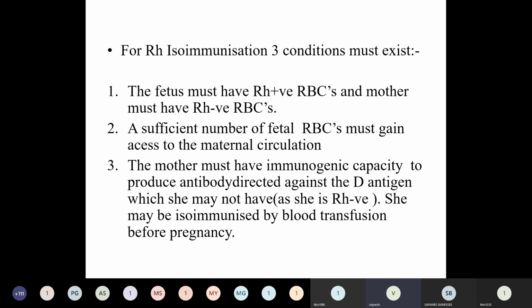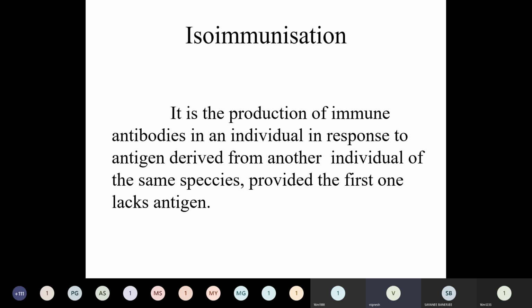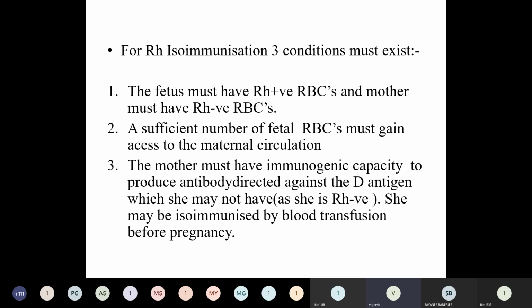So for this Rh isoimmunization to occur, there are certain conditions which must be fulfilled. One, the fetus must have Rh positive RBCs and the mother must possess Rh negative RBCs.